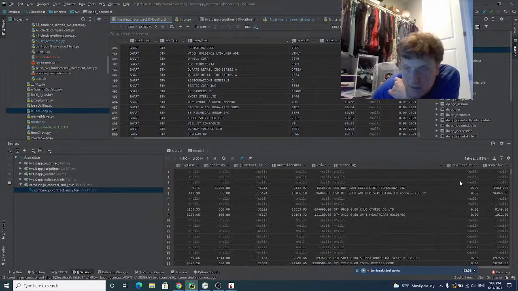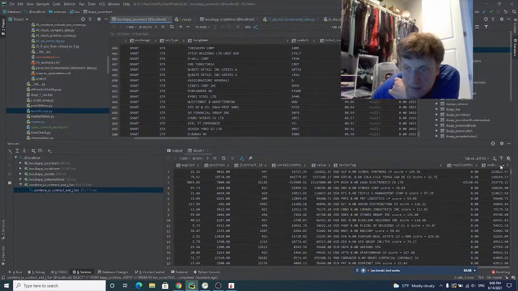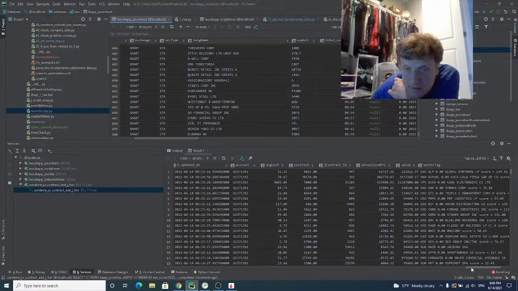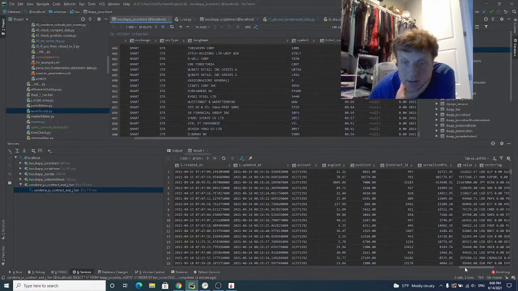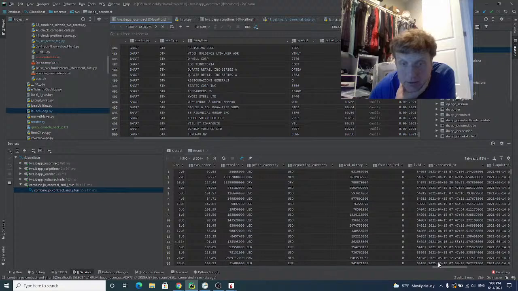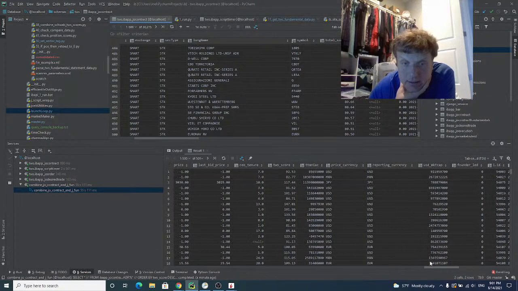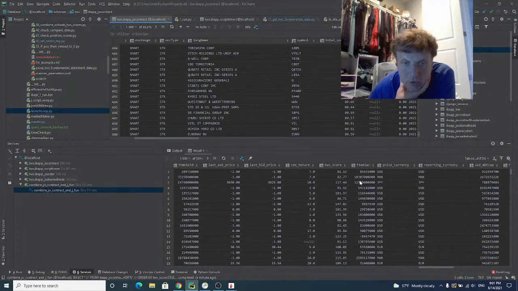Let's sort this by US dollar value as the primary, and then sort secondarily by my score. Well, I guess I can't really, because US dollar value will dominate.